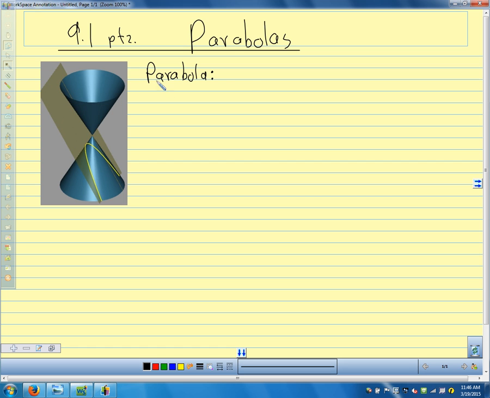So we're going to define the parabola as the locus of points, and the locus is just a set of things that share some property.